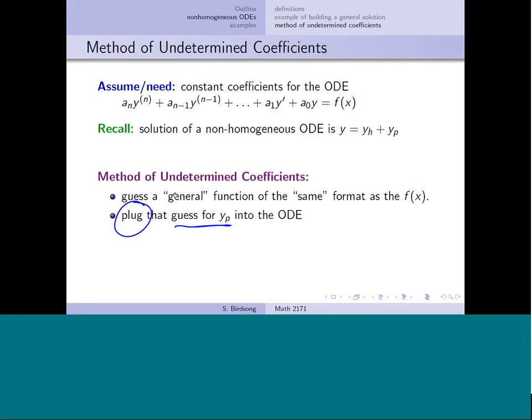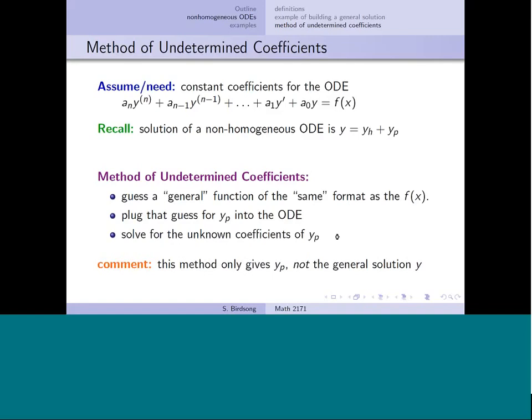Specifically, you'll have arbitrary coefficients involved, and you have to solve for them. So this name of undetermined coefficients means we don't know what the coefficients are. We made a guess on format, then we solve for the coefficients. So I guess what you could really say is this is a method where you determine what those coefficients are. But that was just a mouthful, so we don't call it that. And then that last thing is to solve for your unknown coefficients that you get in your particular solution.